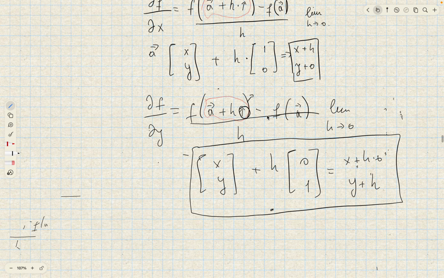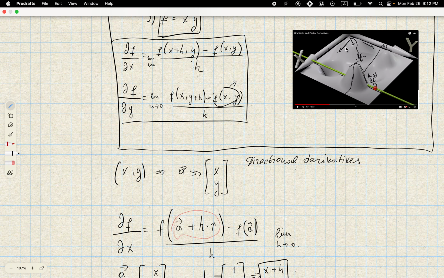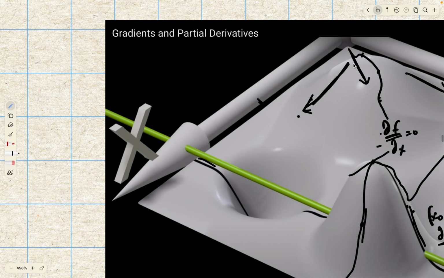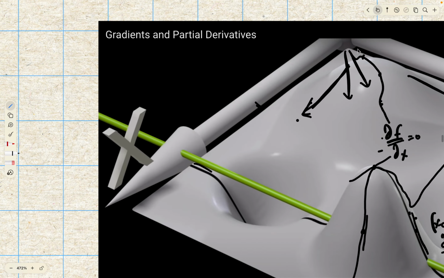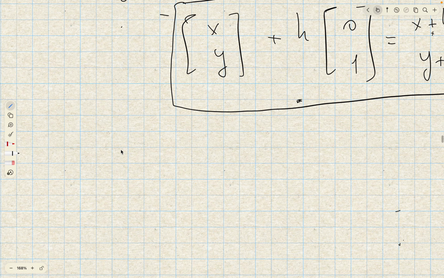And if we want to take any direction, then we will just write f. Then it's computed as the derivative of f at x0, y0 in the direction of v.